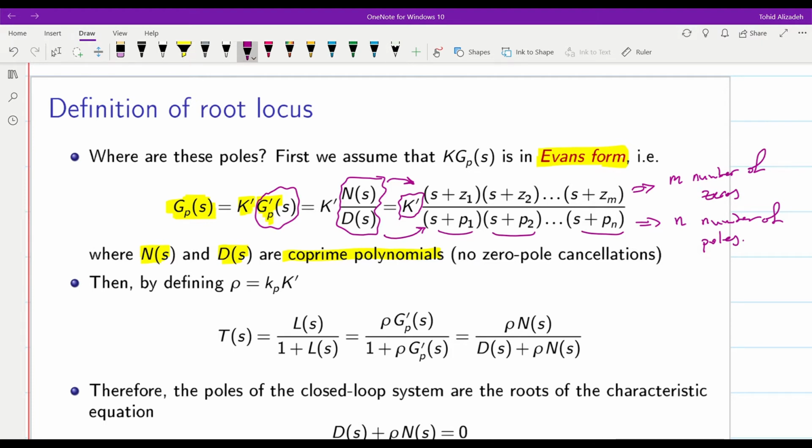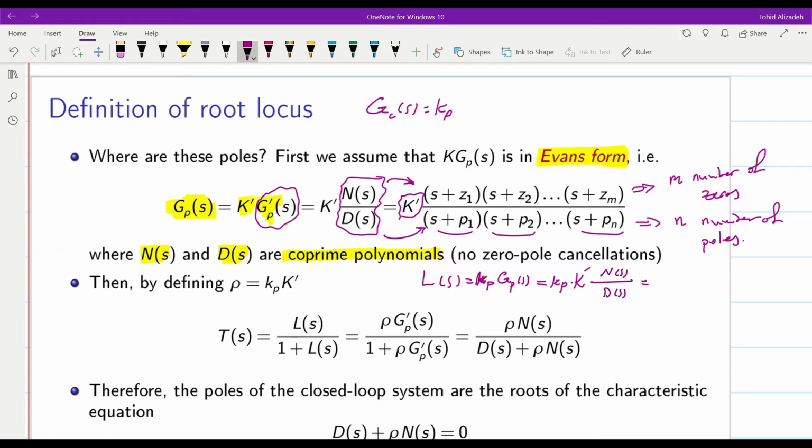Then we define L of s as Kp, the lowercase letter k, times Gp of s, because our Gc, the controller that we are going to use, is a proportional gain. So this will be equal to Kp times capital K prime times n over d.